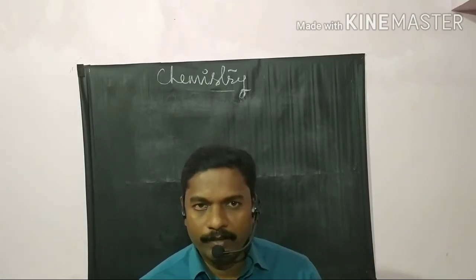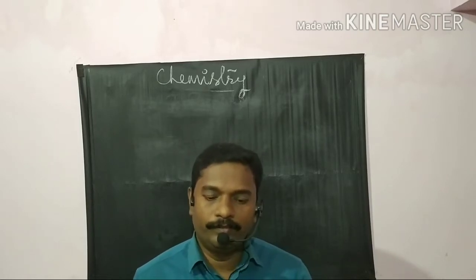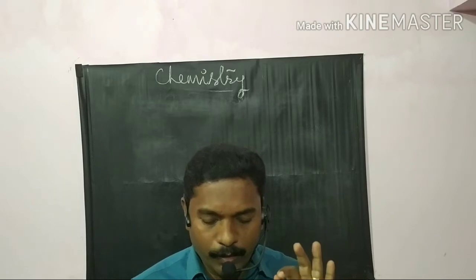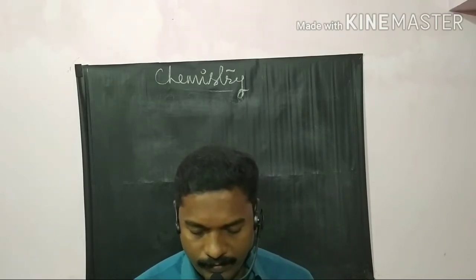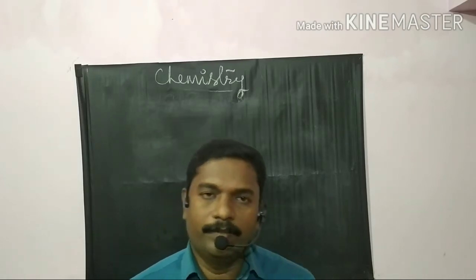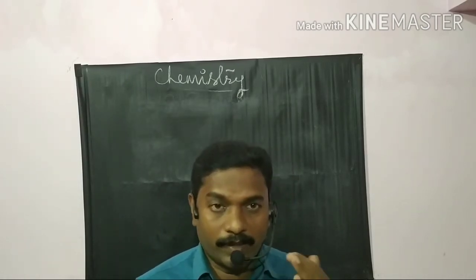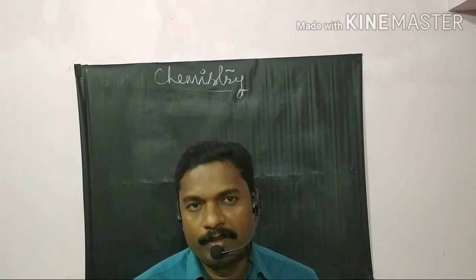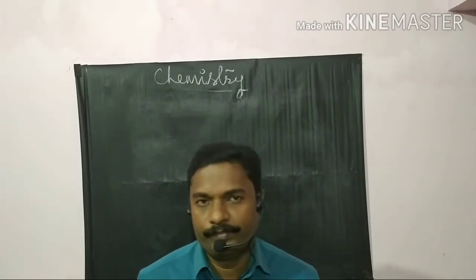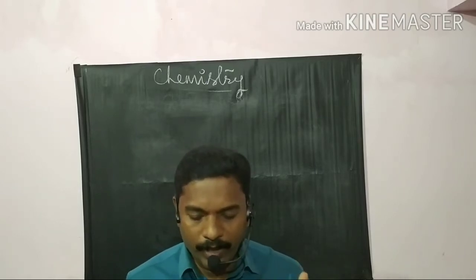Are you ready? Yes. So what's the first question? The mass per unit volume of a substance is known as density. In the last class itself, we have discussed density, that is mass per unit volume.